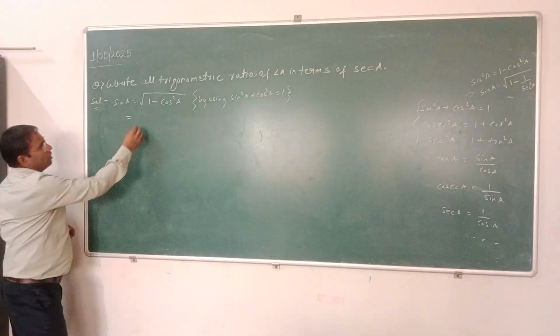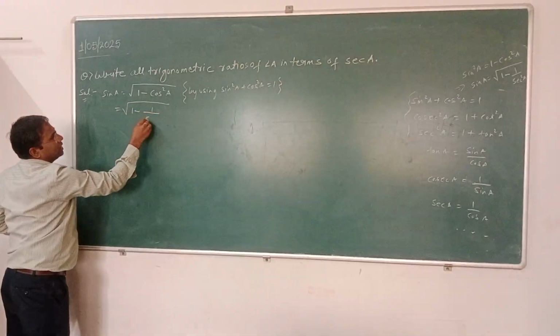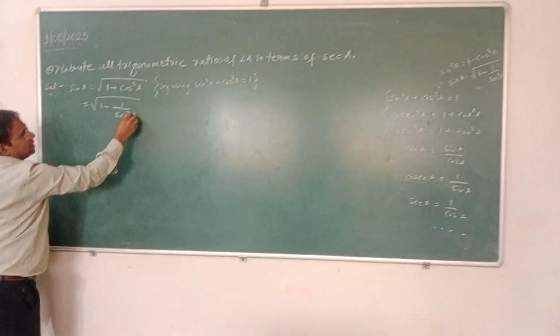Now in place of cos square A, you write 1 upon sec square A.